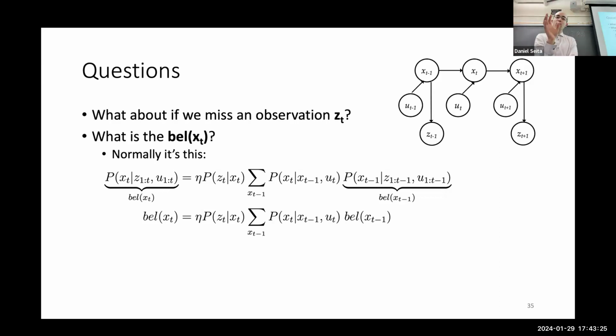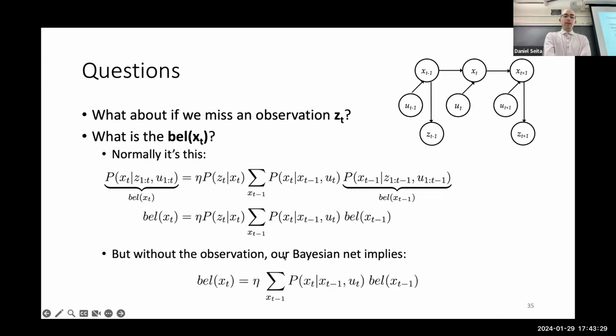All right, so what I would recommend doing here is our Bayes net would imply something like this. Because we don't have ZT, we can't really use it. So you kind of have to make it belief of xt equals some normalizing constant.